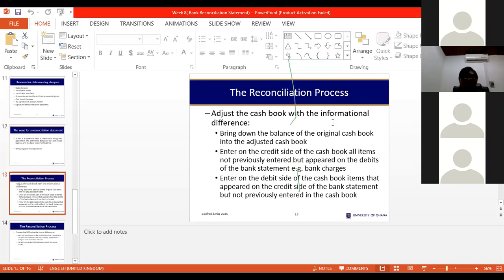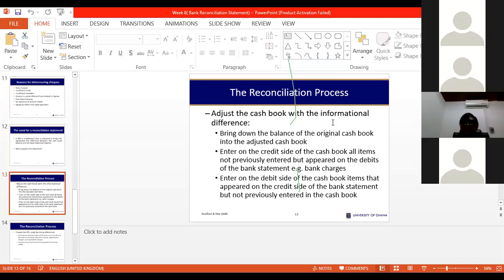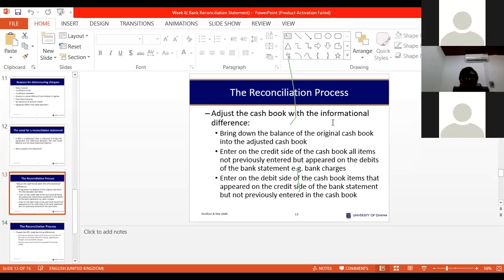Glenn Buffett, one informational difference. Bank charges. Isaac Cobain, one informational difference. Dishonored checks. Kenneth Amankwa, one informational difference. Dividends received.